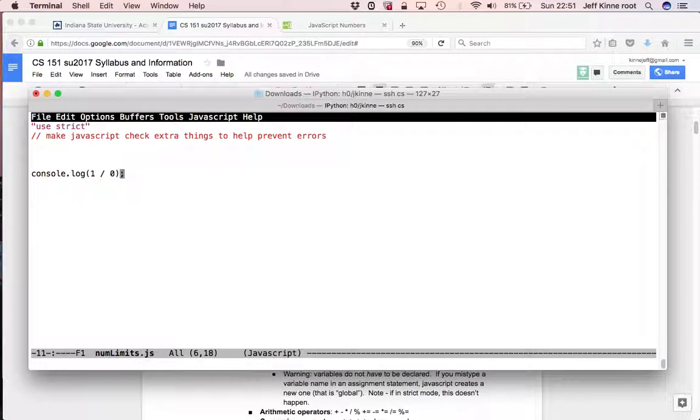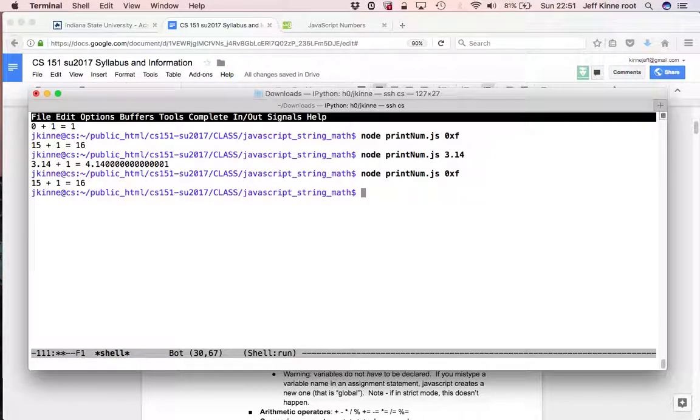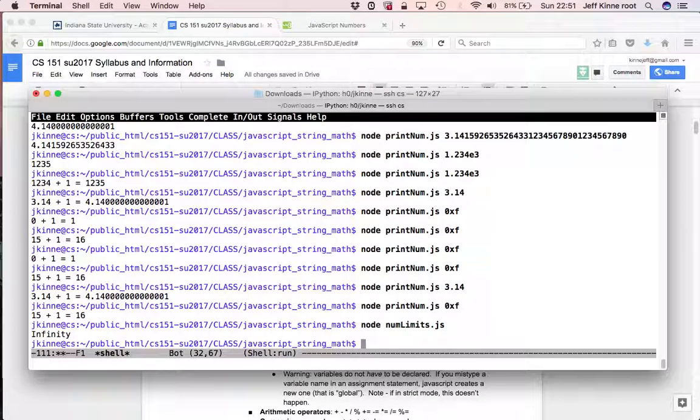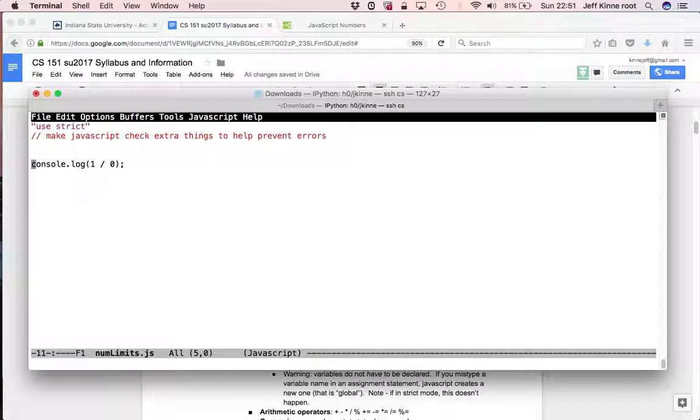Okay, so those are two numbers. It's going to do the division. What do you think will happen? Either it's going to give us an error or print something. You're not supposed to divide by 0. Okay, so that said infinity. 1 divided by 0 is infinity.